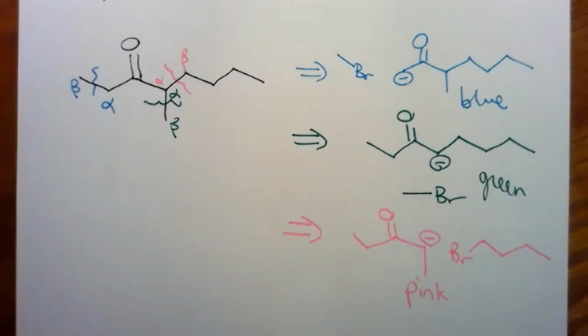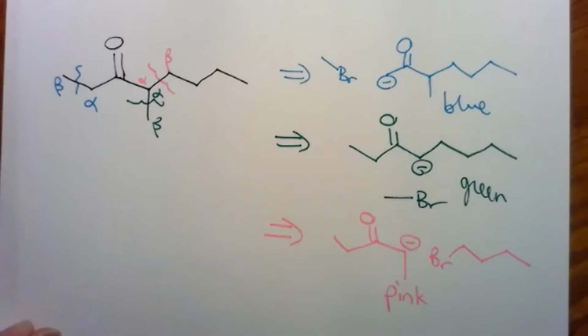You guessed it, you're going to have to vote. Is there a method that you think is more appealing than another based on what you know at this point? Pink, green, or blue? Blue, green, or pink? We are going to walk through this process. But before we do, we're going to take a detour to talk about kinetic and thermodynamic enolates because it applies. Don't let me forget to come back and talk about this.